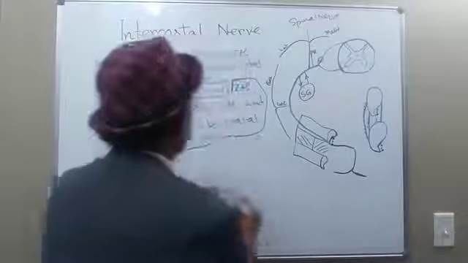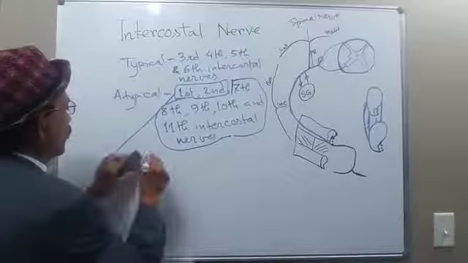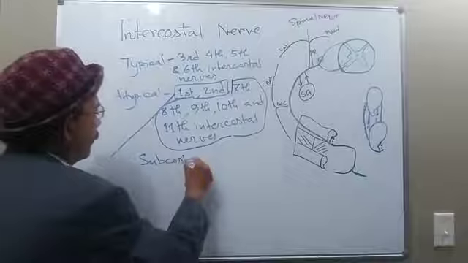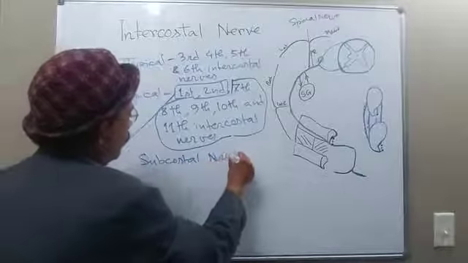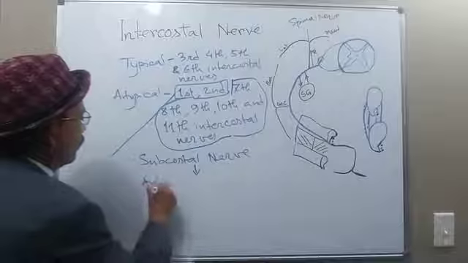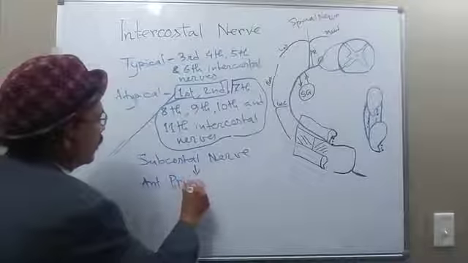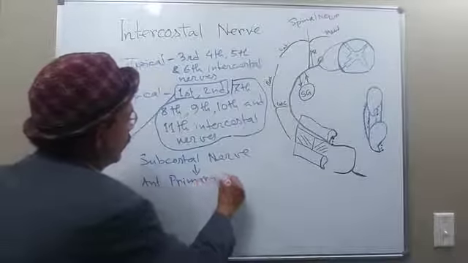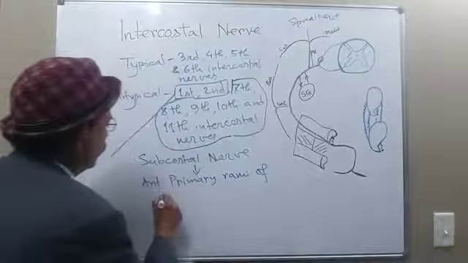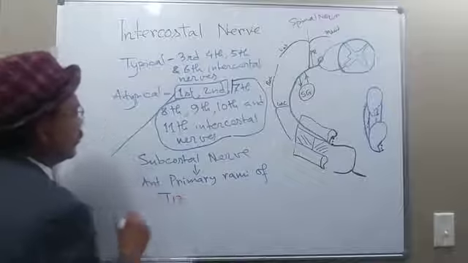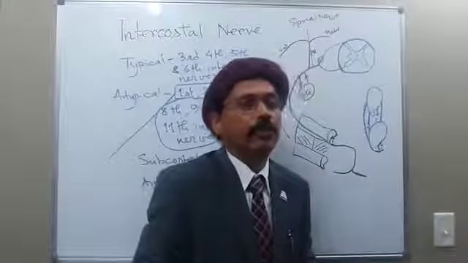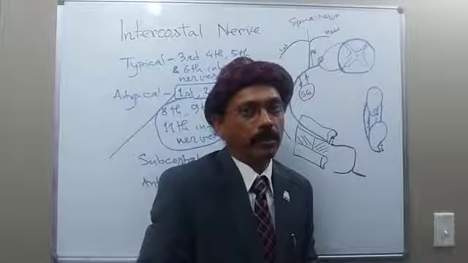That is not an intercostal nerve. The subcostal nerve is the anterior primary rami of T12. That is not in between the ribs, so it is not an intercostal nerve.